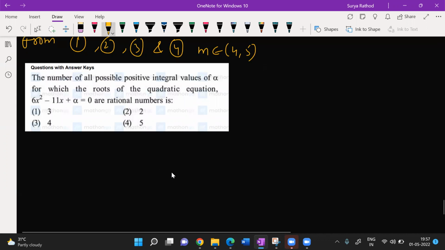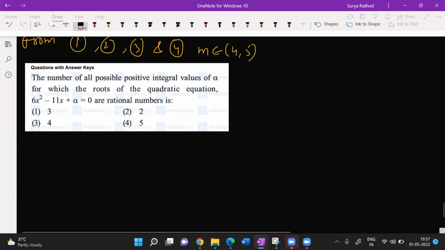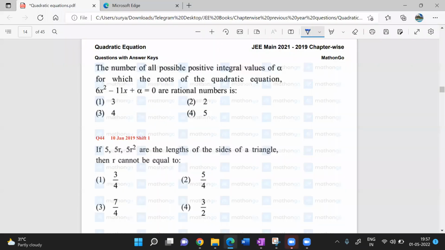The number of all possible positive integral values of alpha for which the roots of the quadratic equation are rational numbers is dash. Try solving this. Very simple.